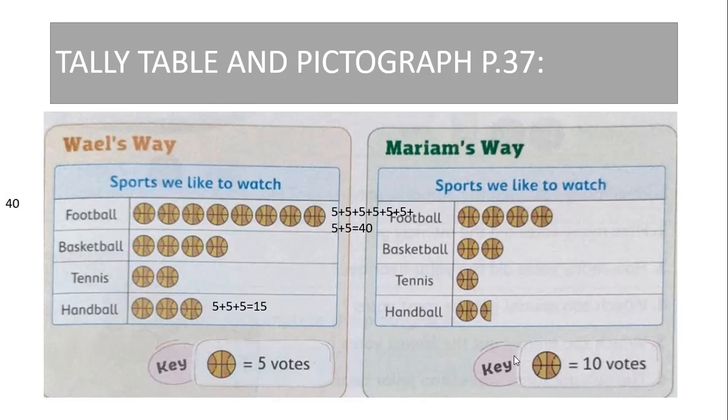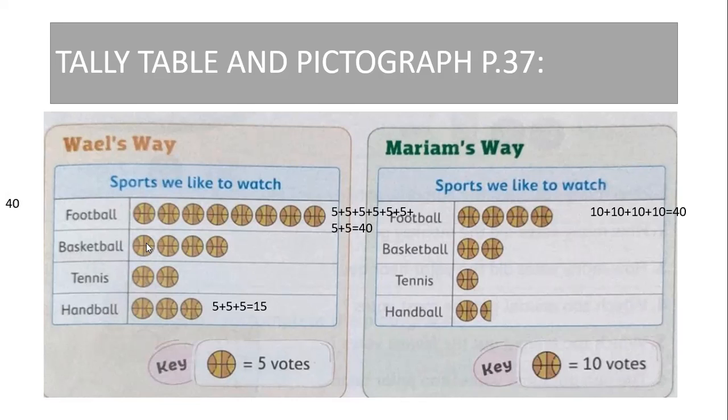Here he gives me the key equal 10 votes. 1 ball equals 10 votes. So here 10, 20, 30, 40. Okay, so 10 plus 10 plus 10 plus 10, 40. So here the key is 10, here the key is 5, here is 40, here is 40. But not the same number of balls.